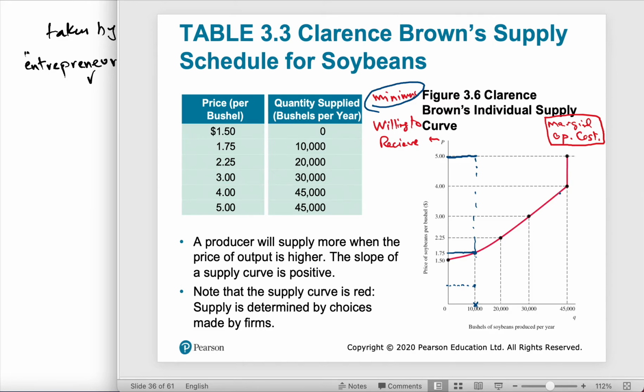If you have one firm, no matter how many laborers you bring, some aspects of the firm, the machines and equipment, are fixed. They cannot change. So basically, in the short run, at a certain level, it's going to be the maximum production, the maximum capacity of the firm.